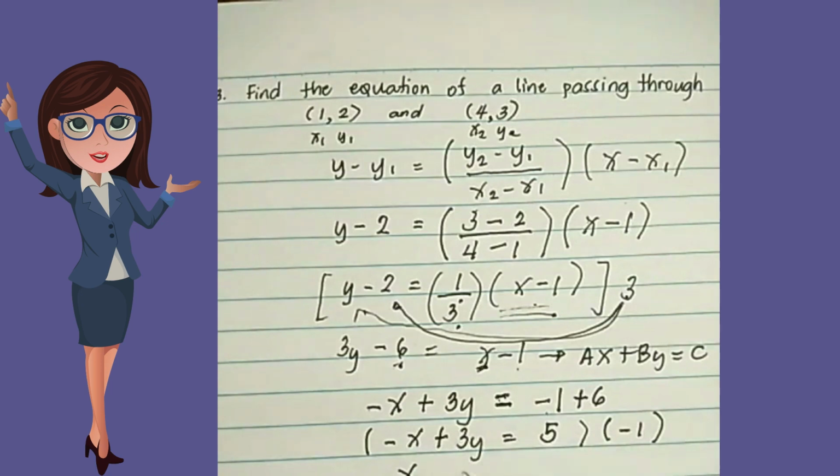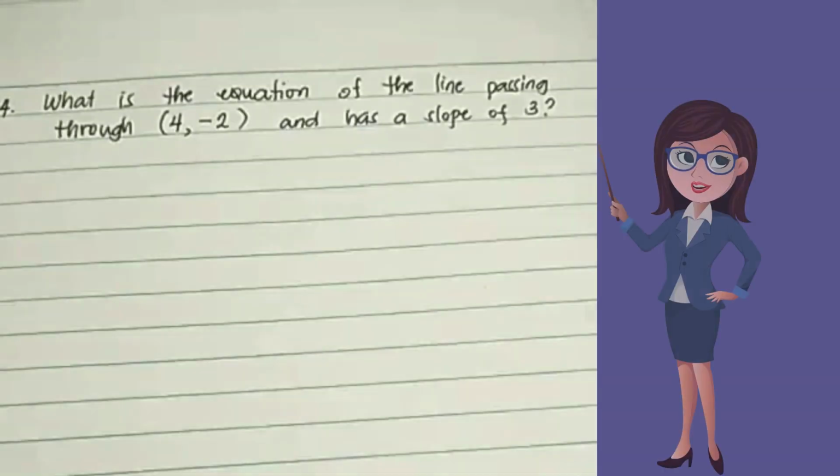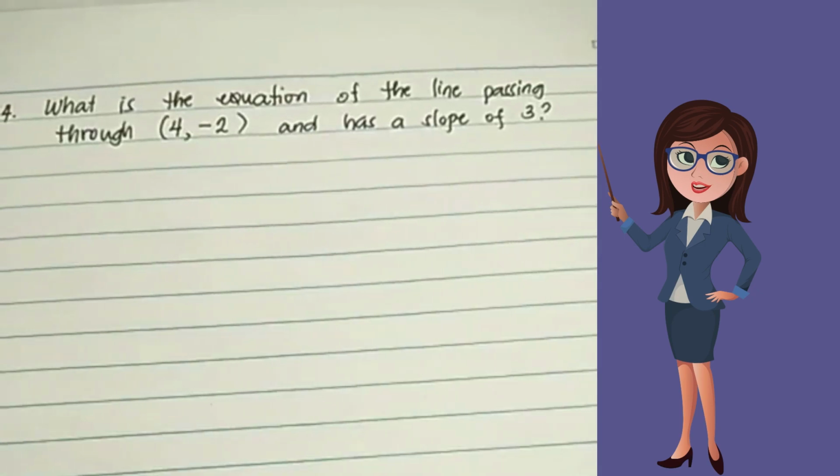Then, negative 1 multiplied by positive 3y, that will give us negative 3y equals negative 1 multiplied by 5, that will give us negative 5. So, this is now our equation. So, we have here x minus 3y equals negative 5. This is the equation of the line passing through 1, 2, and 4, 3.